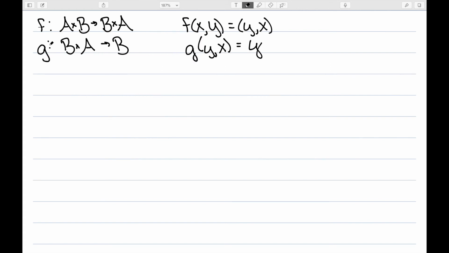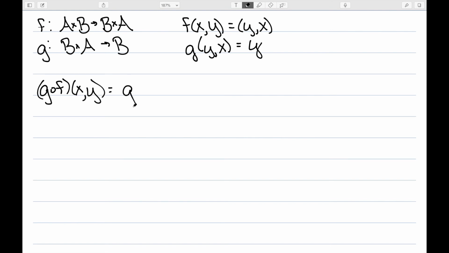Here I have one. f goes from A cross B to B cross A, defined by f of (x, y) equal to (y, x). So I take an ordered pair and just switch the coordinates. g goes from B cross A to B, defined by g of (y, x) equal to y, so it takes the first coordinate from the ordered pair. So this time I want to find g of f of (x, y).